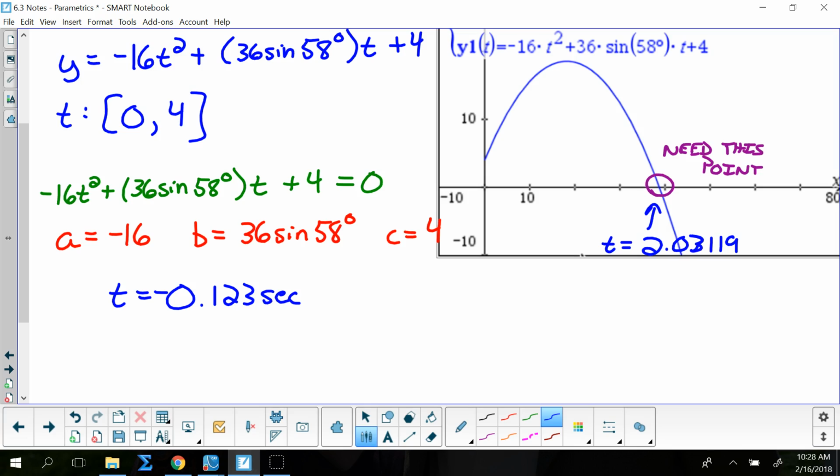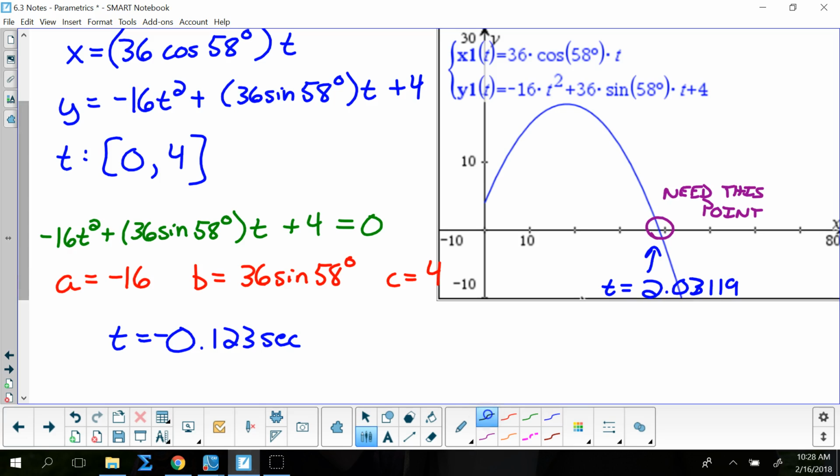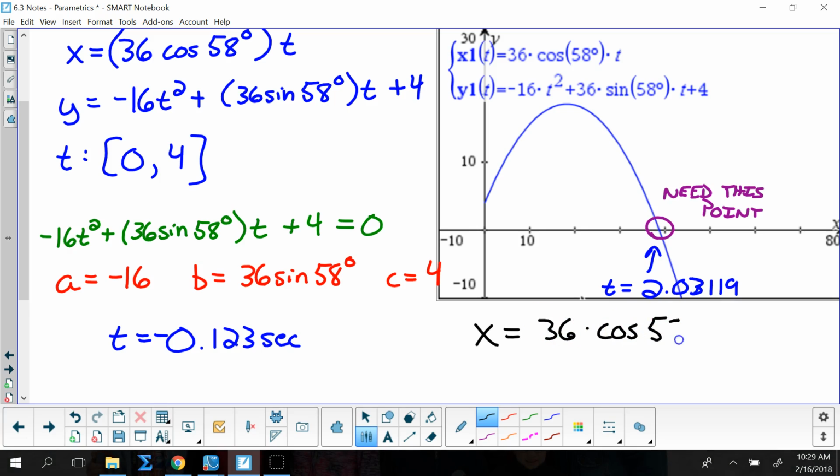Okay. So now I've got to put that t value back into my x equals 36 times the cosine of 58 degrees times 2.03119. And that's going to give me how far Lucas threw that ball.